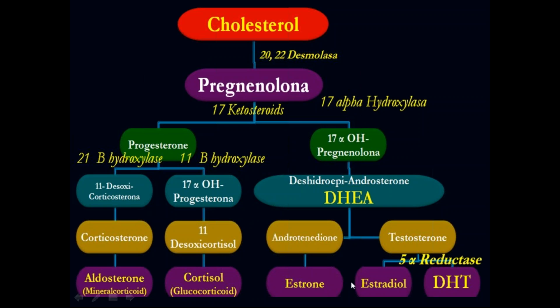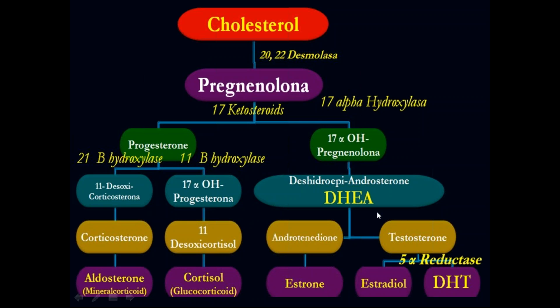Why? Because the testicle does not have these two enzymes, the 21 beta hydroxylase and the 11 beta hydroxylase. That's why the testicle does not produce aldosterone and cortisol.